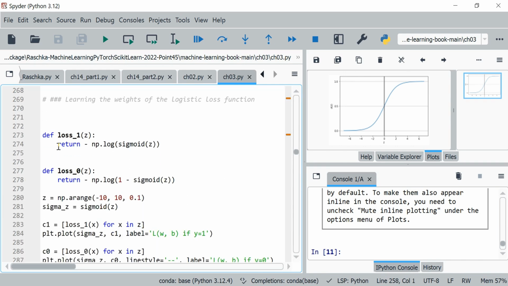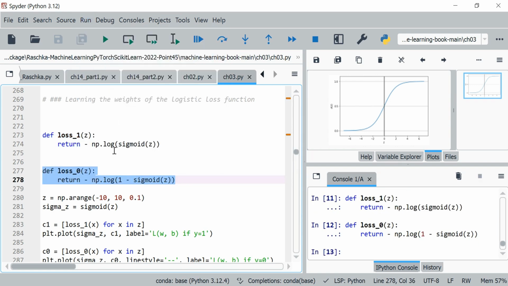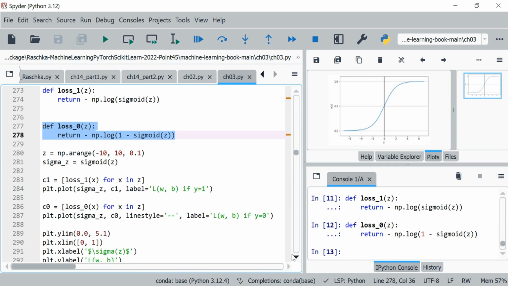Then we define the loss. Here we show 2 demo loss functions, because we want to show the loss function for when the actual value is 1 or the actual value is 0.